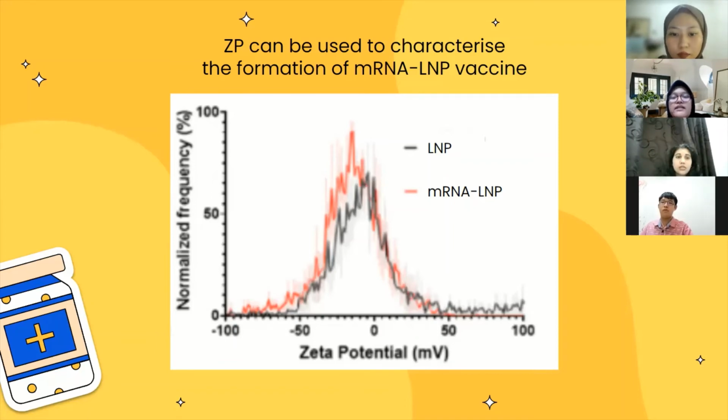That's why, when we add mRNA to our lipid nanoparticles, the red one, the zeta potential decreases a little, because the mRNA has reduced the positive charge of the lipid nanoparticles. So from here, we can differentiate whether it has mRNA or not, and see how the presence of mRNA changes our zeta potential.